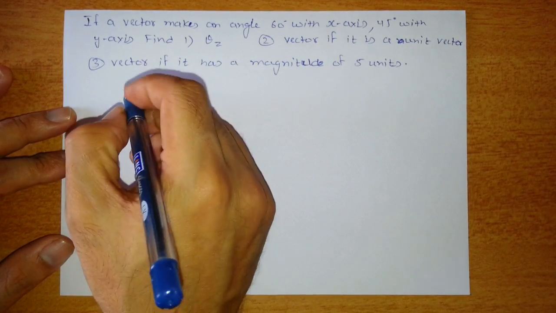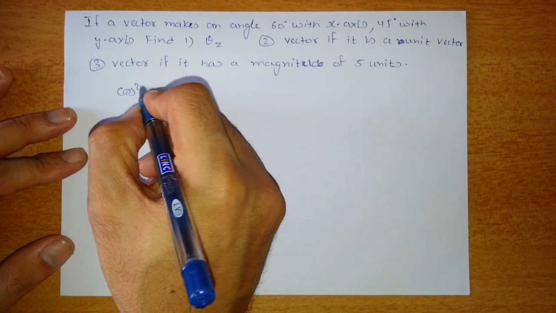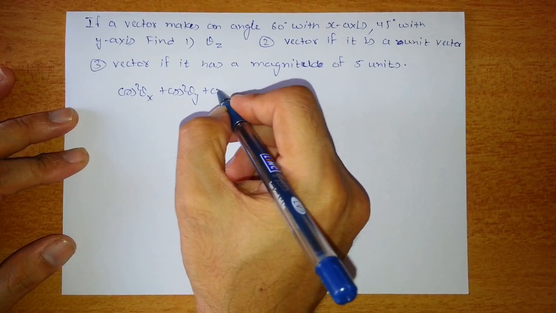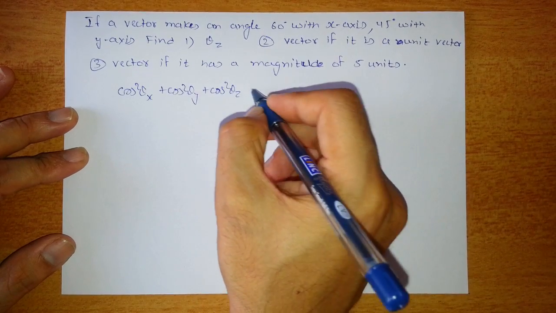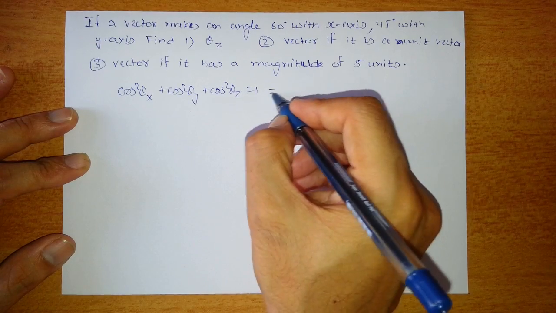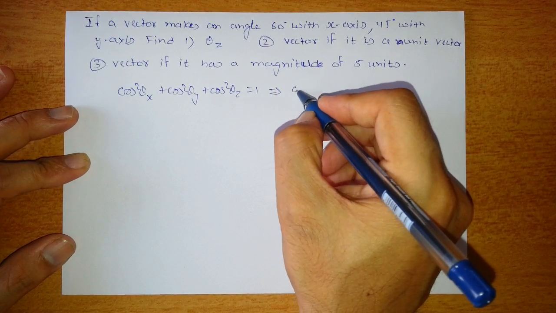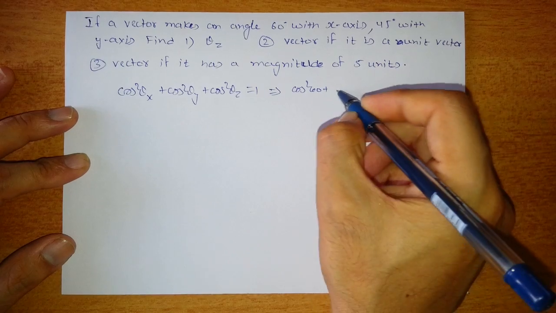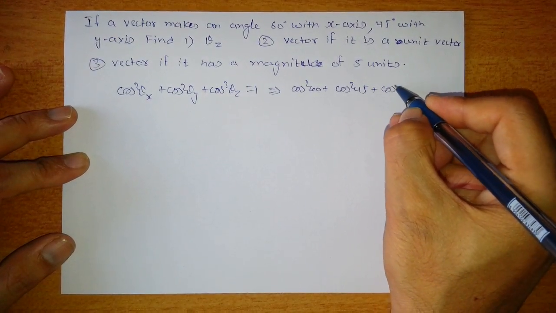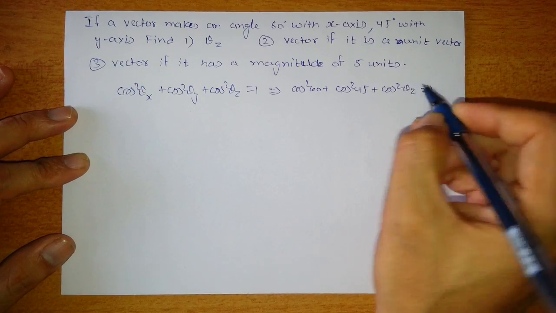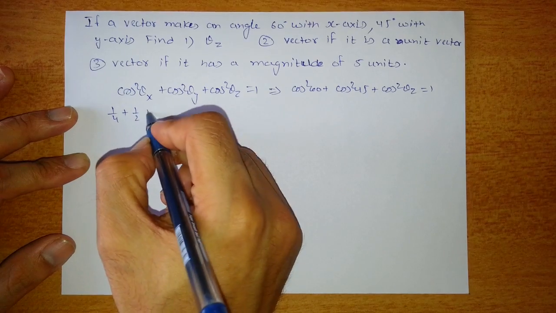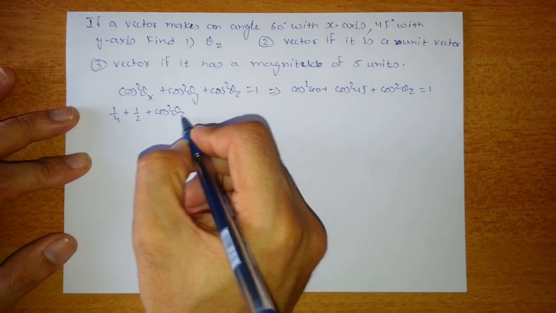Using cos square theta x plus cos square theta y plus cos square theta z equals 1, and putting in the values, we get cos square 60 plus cos square 45 plus cos square theta z equal to 1. You must know all these values. This is 1 by 4 plus 1 by 2 plus cos square theta z equals 1.